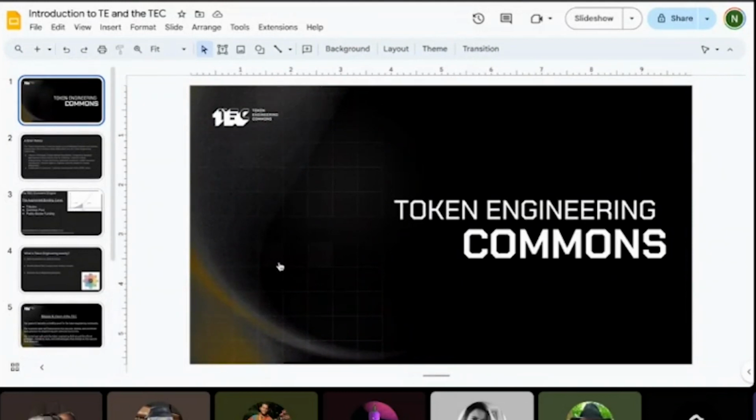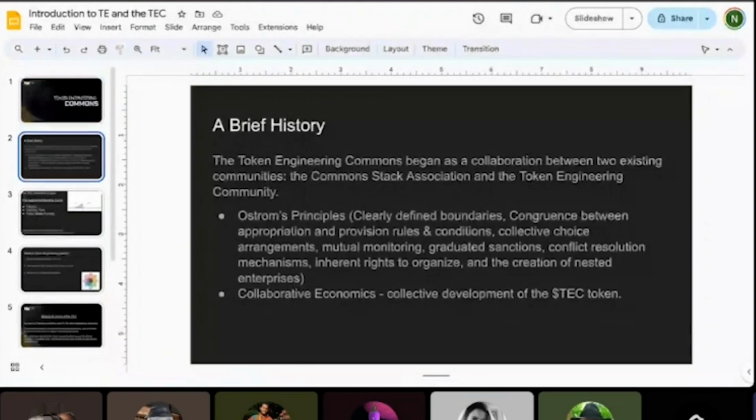Our beginnings are something I really want to cover, because what we went through as an organization early on has a lot of relevance to how organizations are formed, maintained and sustained over time.